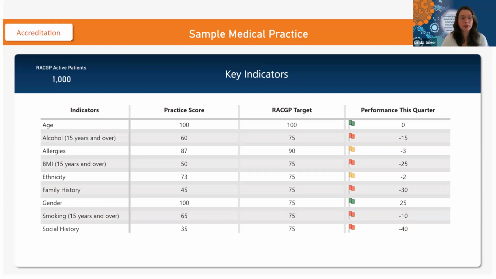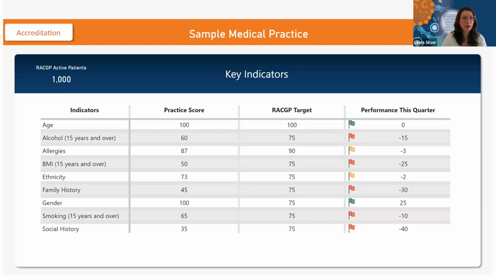A green flag means that you have met or exceeded this target. An amber flag means that you are within 10% of the target, and a red flag means that you are below that. So if you are just starting with quality improvement activities, please consider starting with the amber flags.